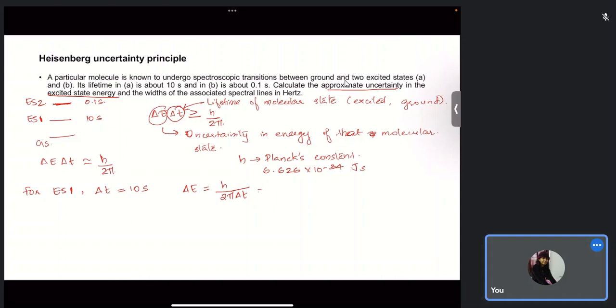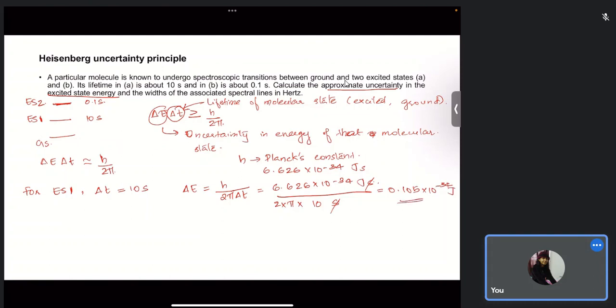So delta E is equal to 6.626 into 10 to the power minus 34 joule seconds, over 2 into pi into delta T. The lifetime was 10 seconds. Second and second will cancel out, and when you do the math, this will come to 0.105 into 10 to the power minus 34 joules.